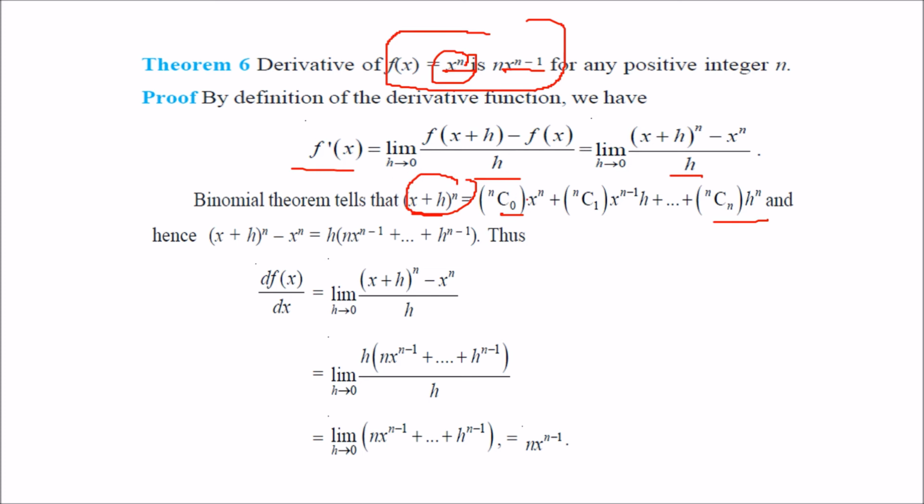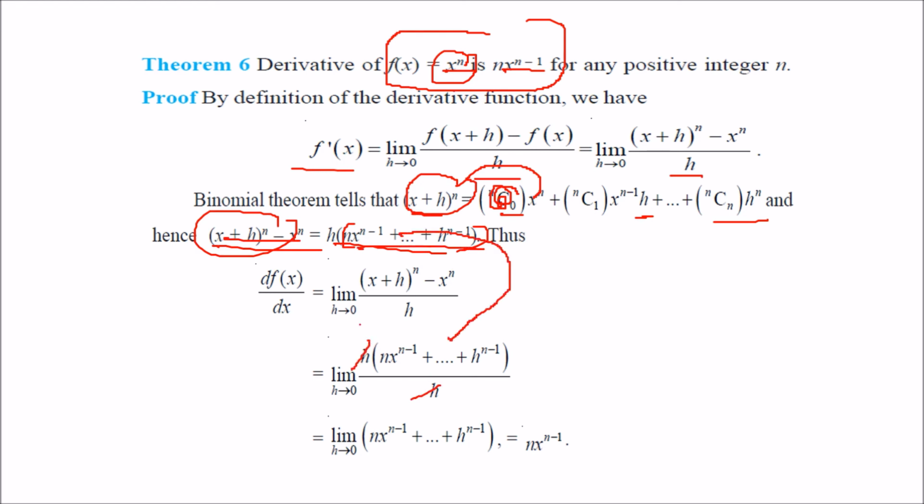Take this as 1, take x to the power n here. What all is remaining? Take h, because h will be there, and you'll get these values. Now if you subtract x to the power n from (x plus h) to the power n, you'll get this only, so you will place this.